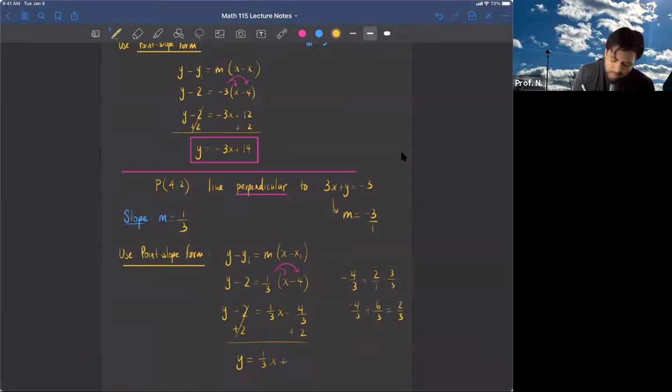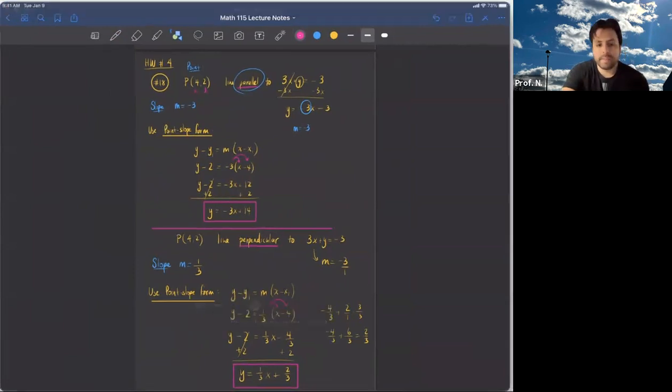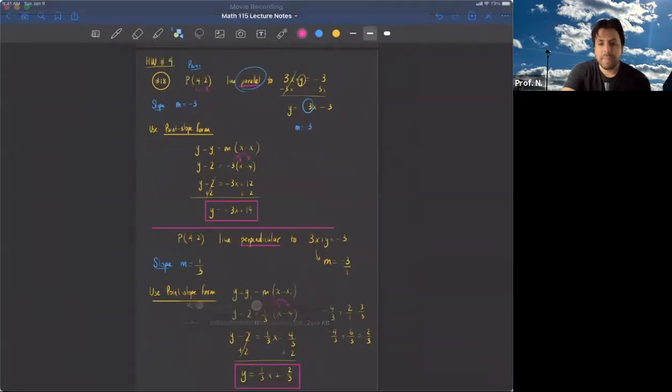So the answer here is 1/3 x plus 2/3. And voila. All right. So those are those two questions, and very good questions. Definitely something to look out for.